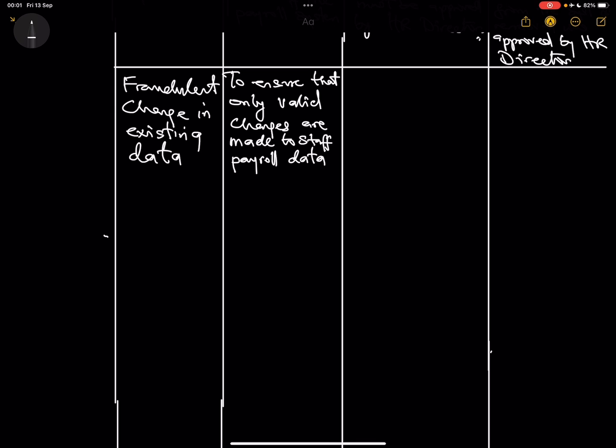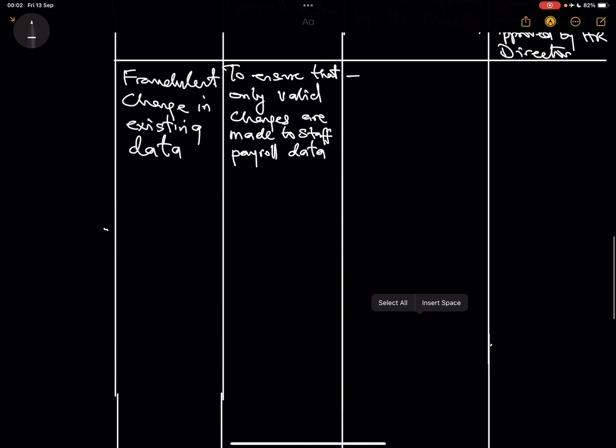A detective control can also help here, whereby on a weekly basis, the HR director can generate a change data report from the system, because the system can give you such a report. Just to say, give me all the report of changes that have been made to data this week. Then the director can check whether he actually approved those changes. So those are the two controls that can help us.